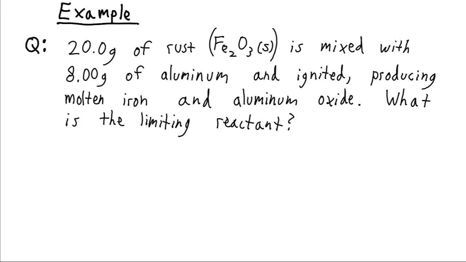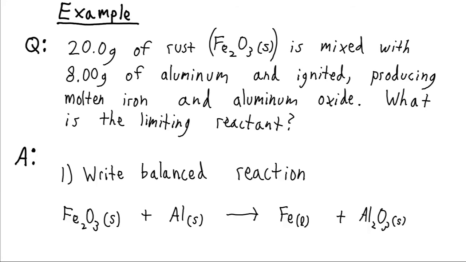Well, the first thing that we're going to need is a balanced chemical equation. It's the only way that we can compare quantities of different substances in a reaction. Now, the aluminum oxide: aluminum is 3 away from the noble gases, going from left to right, and oxygen is 2 away, going from right to left.